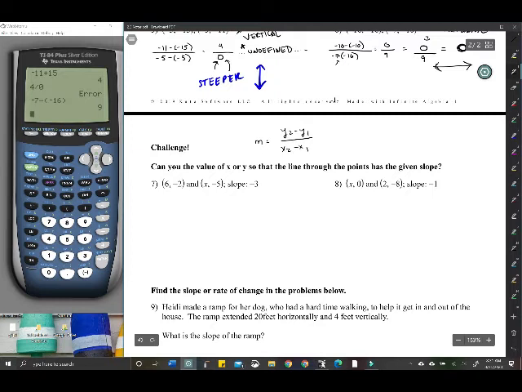Now slope is a negative 3. So I'm going to substitute that in for m is equal to. It doesn't necessarily matter what you pick for y's, just be consistent. So I'm going to stick with this being y2, and then this being y1.